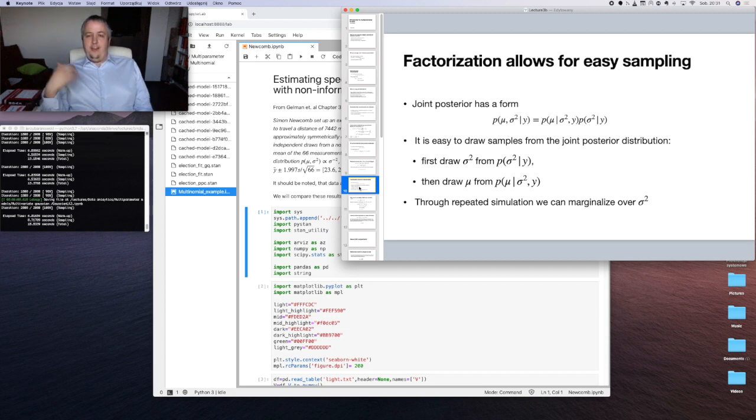So this will get us values of mu, and from repeated simulation, so from multiple repeated sampling, first from the sigma squared distribution, then from mu, we get values of mu marginalized over sigma squared. So without analytical integration, we can perform this marginalization.